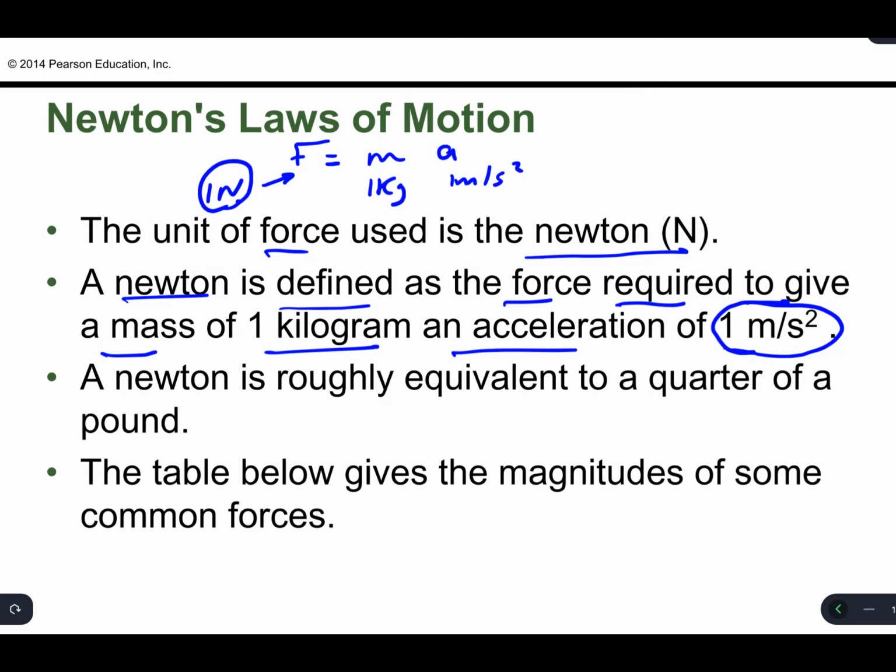So the Newton is the force required to give a mass of 1 kilogram an acceleration of 1 meter per second square. Keep in mind that a Newton is roughly equivalent to a quarter of a pound. Okay?